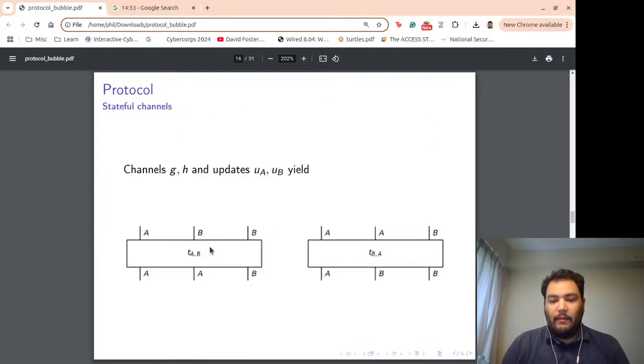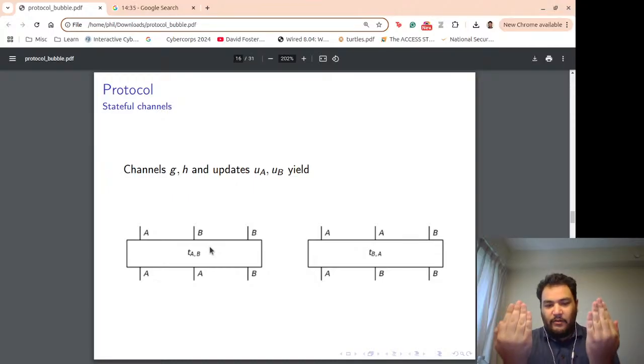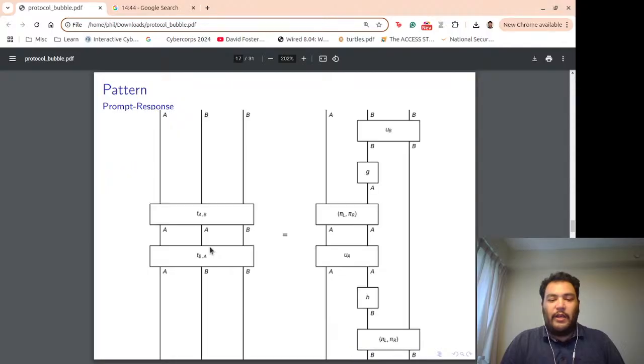If you look at what the data types are for the outgoing and incoming wires, we can stack these. One thing we could do is run first Bob sends a message to Alice with H, which is followed by an update, which then we separate into pieces, and then Alice uses G to send the message to Bob, which then updates.